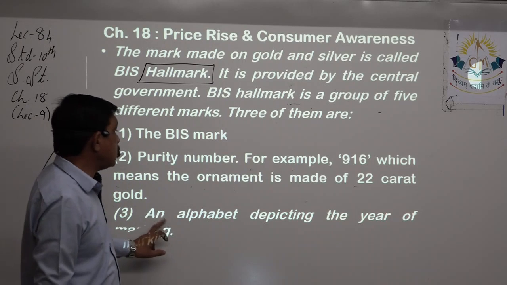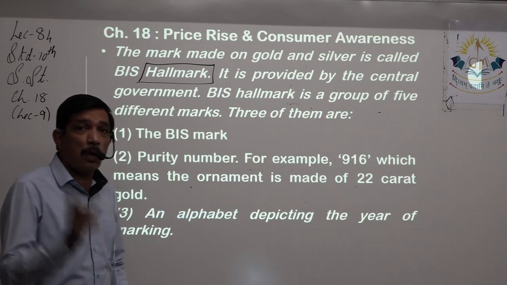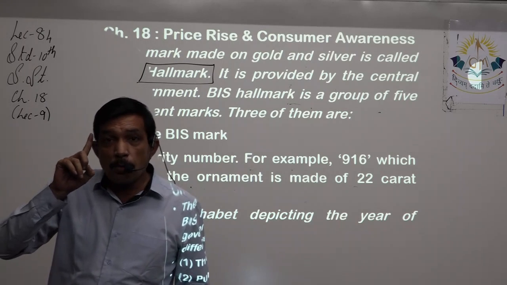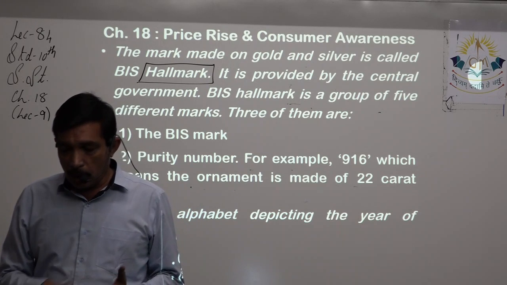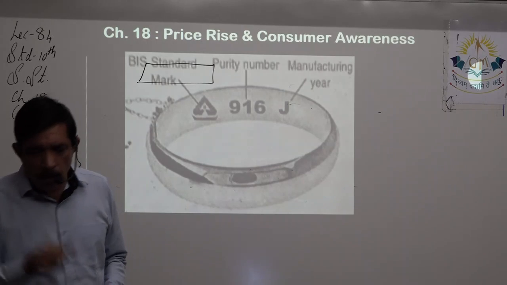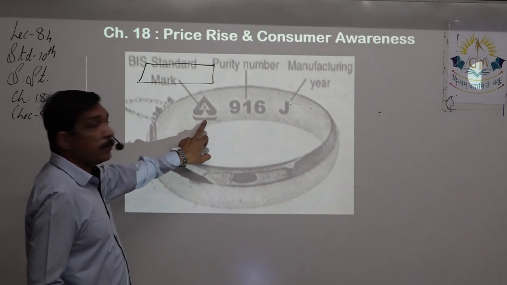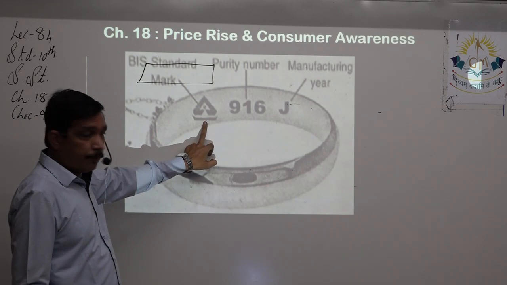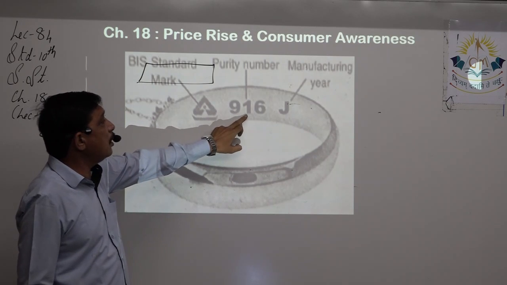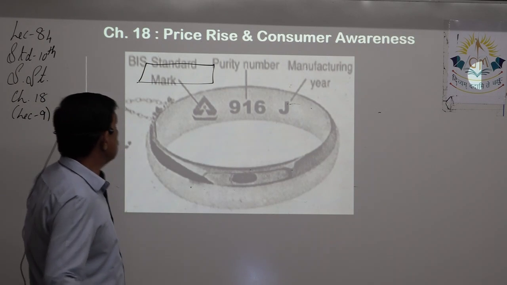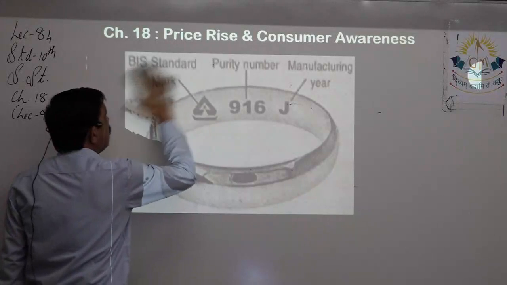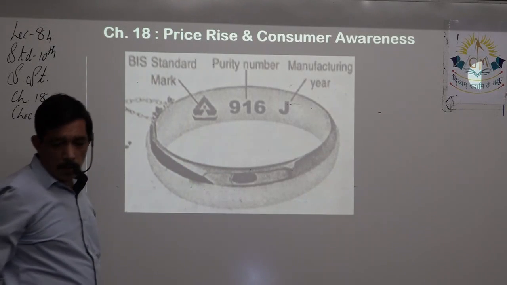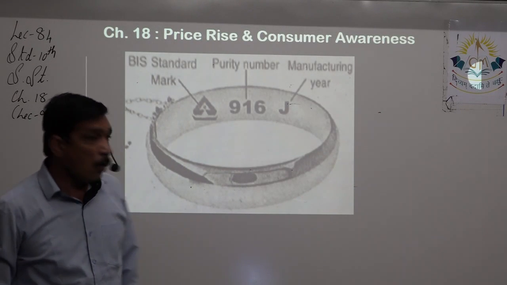An alphabet depicting the year of marking will also have to be made on that ornament, right? This is the meaning. It will have this BIS mark, then it will have the purity number 916. If the purity number has been written on it, that means this ornament is 22 karat gold.